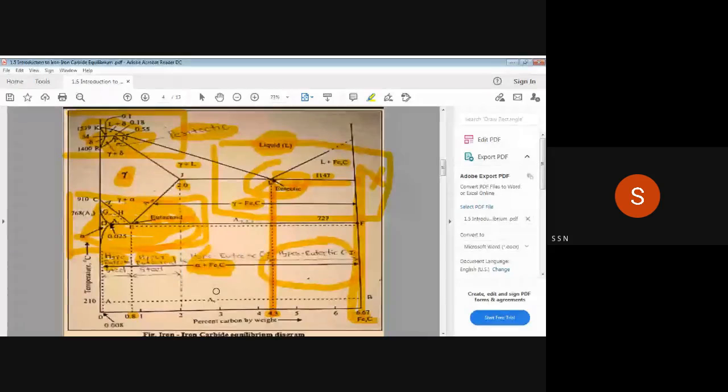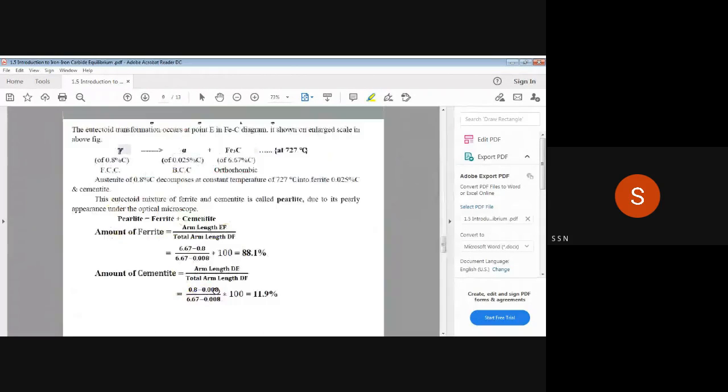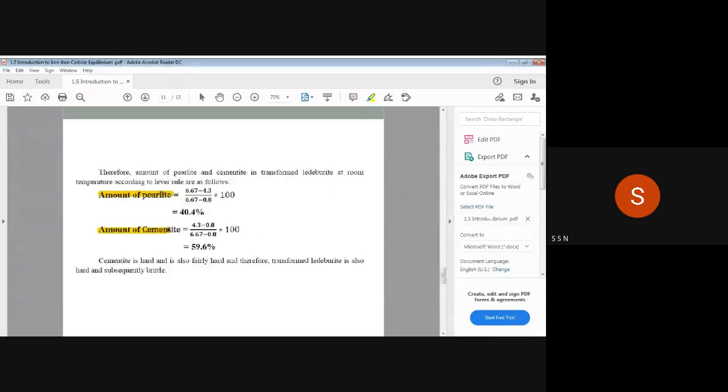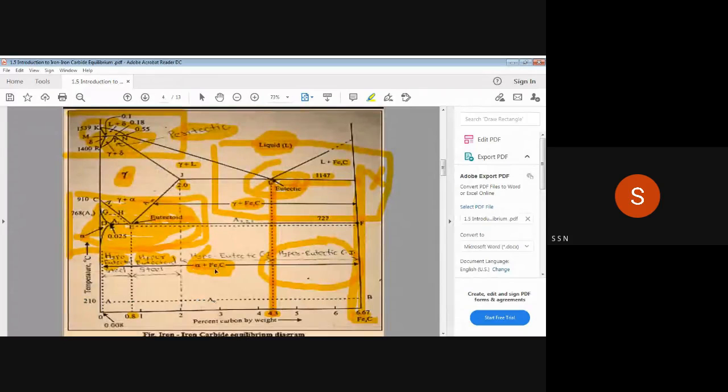That's why the two solid phases present in that eutectic transformation will be, we can say, not only alpha, we can also say it as, again I will say in the diagram, alpha plus Fe3C also.